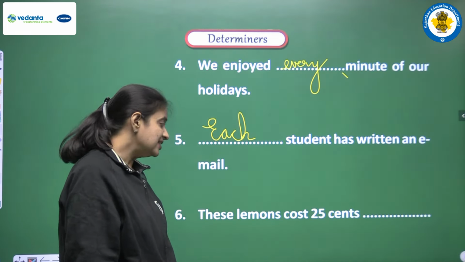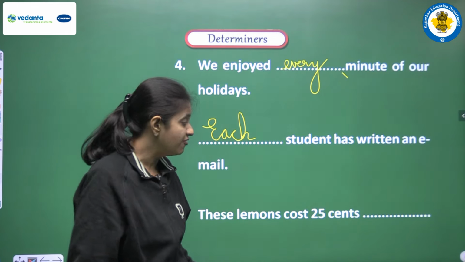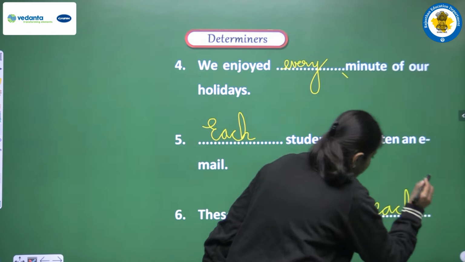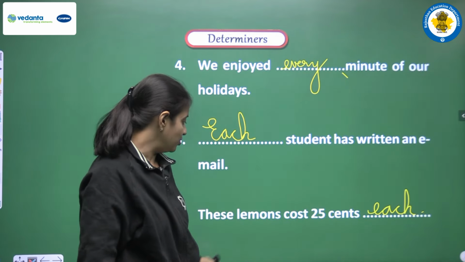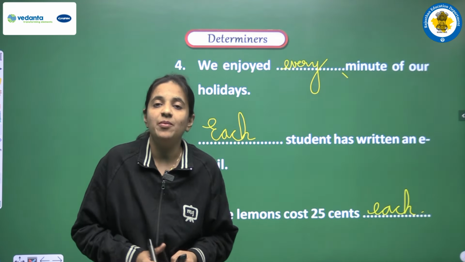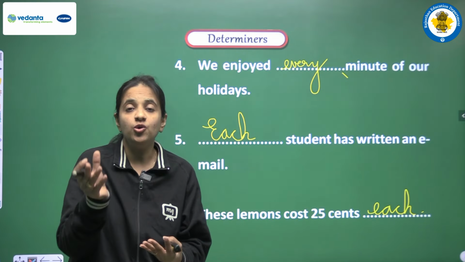Next is these lemons cost 25 cents each. Why each? The reason is that suppose we are having 10 lemons with us, and now we are talking about the price of 1 lemon.